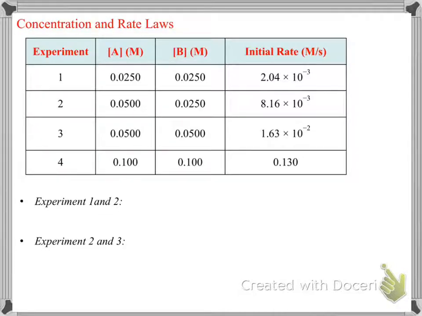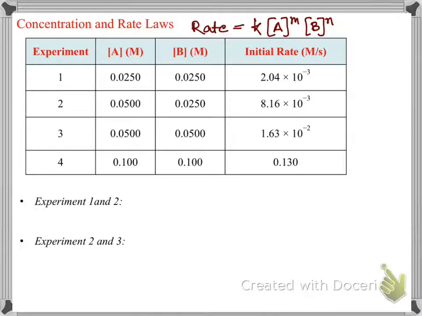This is again for a generic reaction. So we have A and B both as reactants. So then the rate will be equal to the rate constant times the concentration of A raised to the power m, concentration of B raised to the power n. The question is to find the rate.